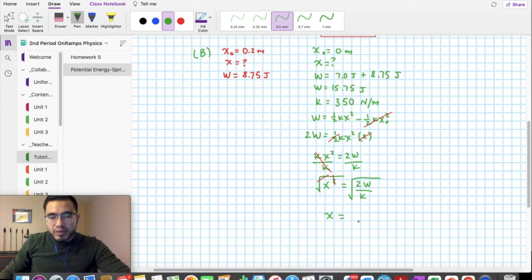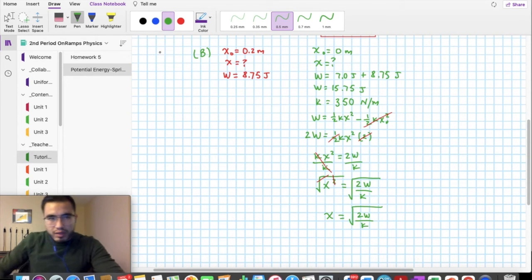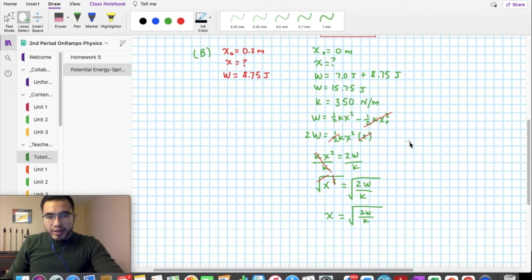So my final equation is x final equals the square root of twice the work divided by the spring constant. Now I can substitute.